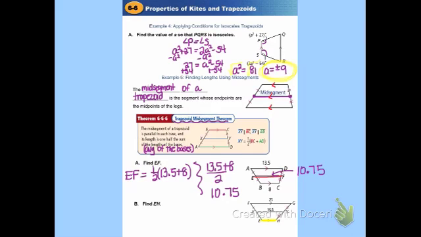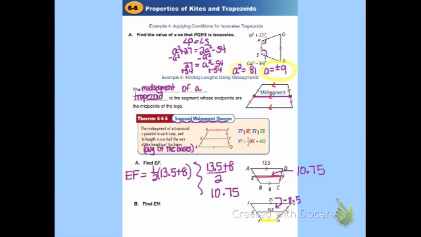So instead, think about this: if that segment XY is the mid-segment, then it's halfway between the two bases. If you can figure out how far it is away from the one base, it's got to be the same distance away from the other base. I had a base that was 25, and now at the mid-segment, I've gone halfway through the figure, and it is now 16.5, so that means it must have gone down by 8.5 units.